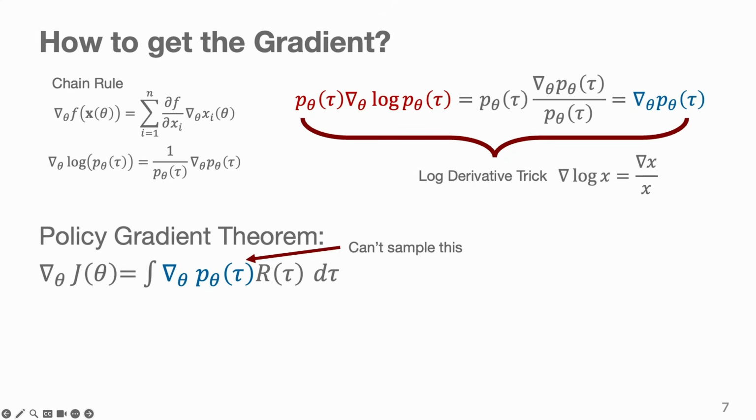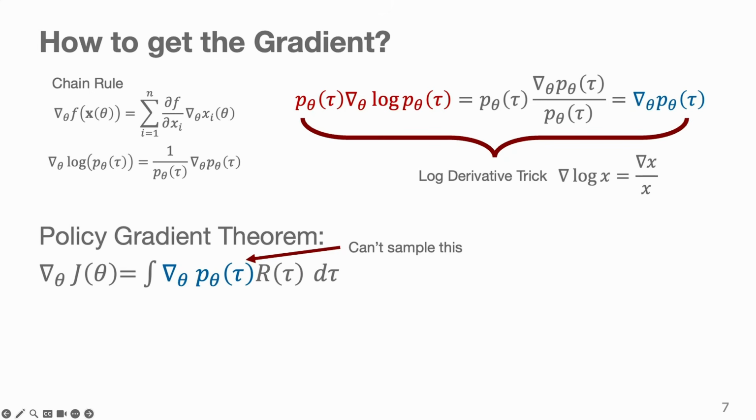If you look at this identity, pi theta of tau times grad theta of log pi theta of tau, you can cancel this out to get grad theta of pi theta of tau. Essentially, we have just multiplied and divided by pi theta of tau, which means we're just multiplying by 1.